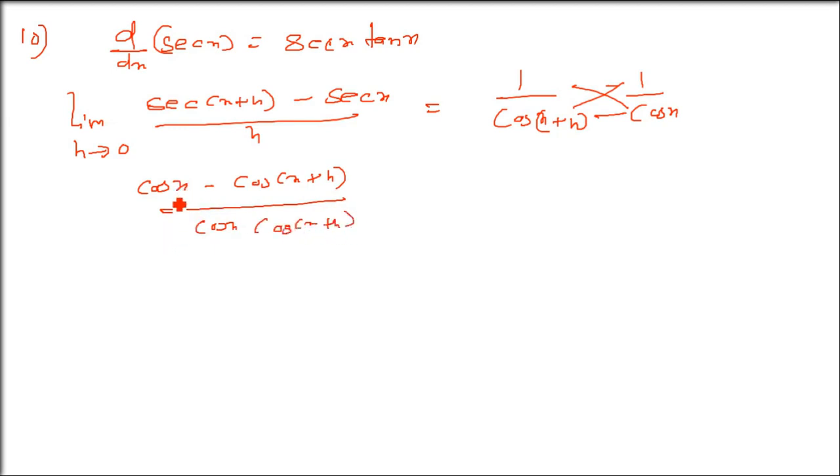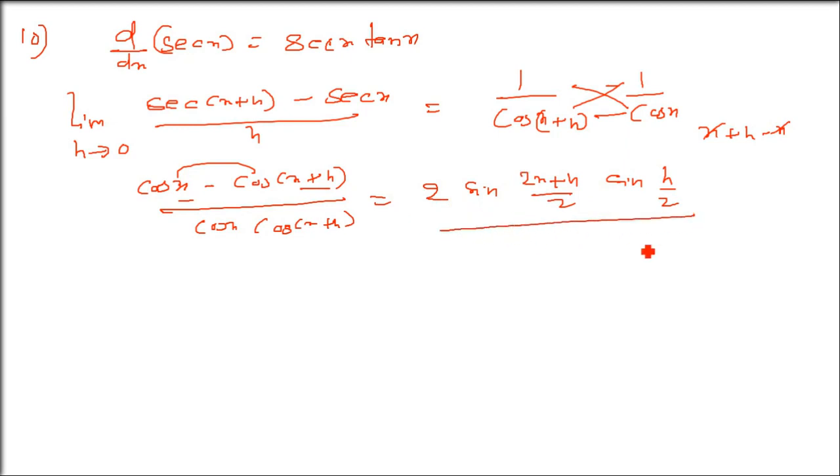So cos C minus cos D is 2 sin of C plus D by 2, sin of D minus C by 2. Please remember, it's 2 sin of 2x plus h by 2 and sin of D minus C by 2. So x plus h minus x will be there, not x minus h. It will be x plus h minus x, otherwise it would have been negative because we are using sin of D minus C by 2.